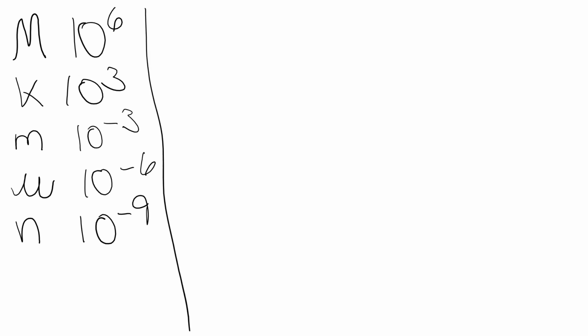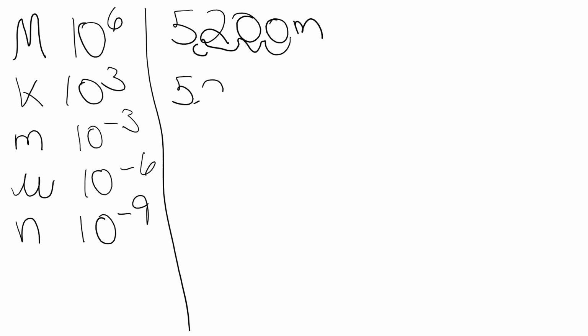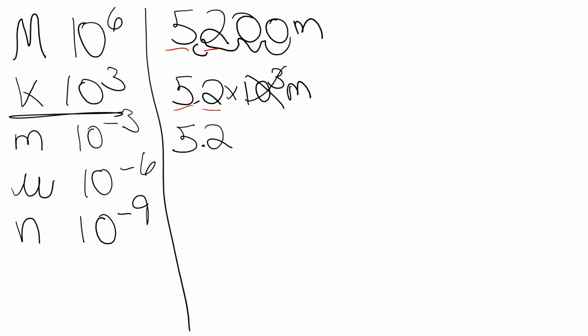So let's just write a random number, let's say 5,200 meters. Let's convert that to engineering notation. We can put a comma there to help us because commas go every third. So 1, 2, 3, we have 5.2 times 10 to the 3rd meters. Significant figures remain the same, 2, and we can replace this times 10 to the 3rd with the correct prefix of kilometers.